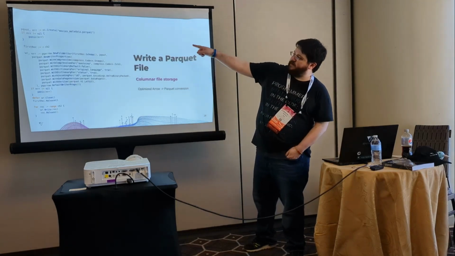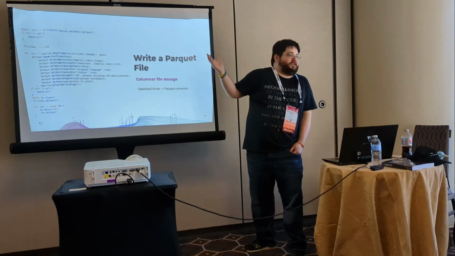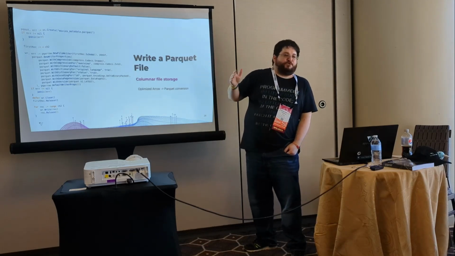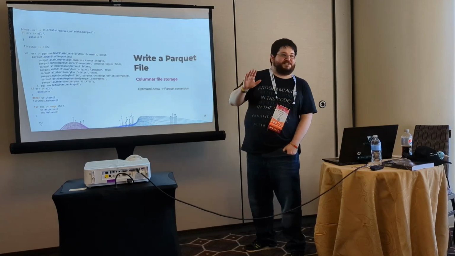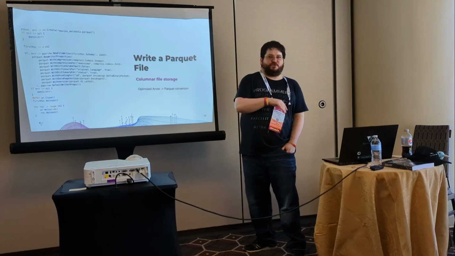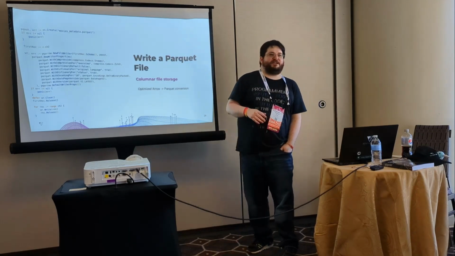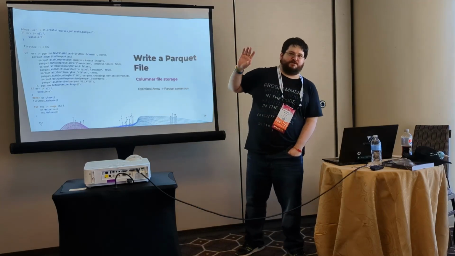So we make our file, grab the first record because we don't know what the schema is yet. We're not going to assume that we know the schema beforehand. We're going to assume that all of them will have the same schema. Otherwise, things get a little hairy, but that's something for another talk. And then we have a whole bunch of options. Parquet has so many options. Here's a smattering of them, but there's more.